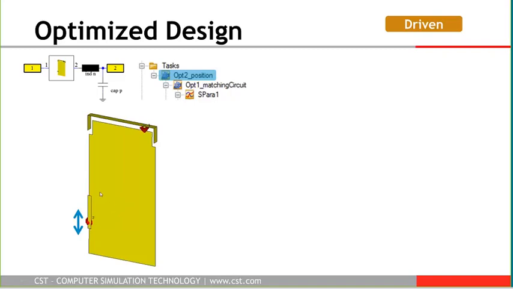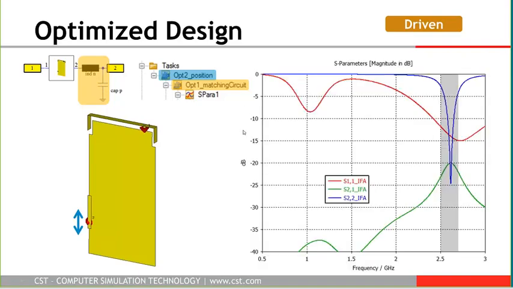And we will be looking at the coupling between these two antennas. In the optimization which is inside this first optimization is a circuit simulation, which is much faster than a 3D simulation, to optimize the matching circuit. And in the end we evaluate the S parameters and we have the optimal result here.